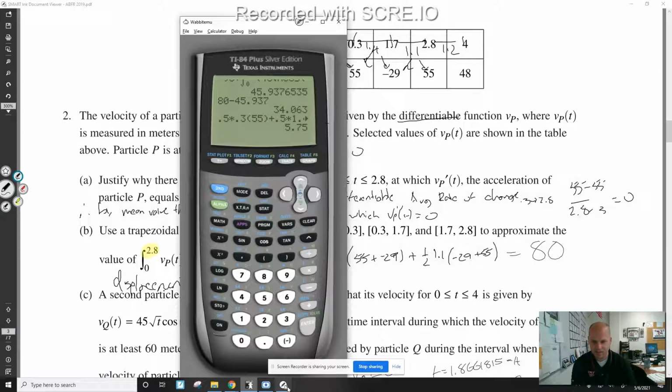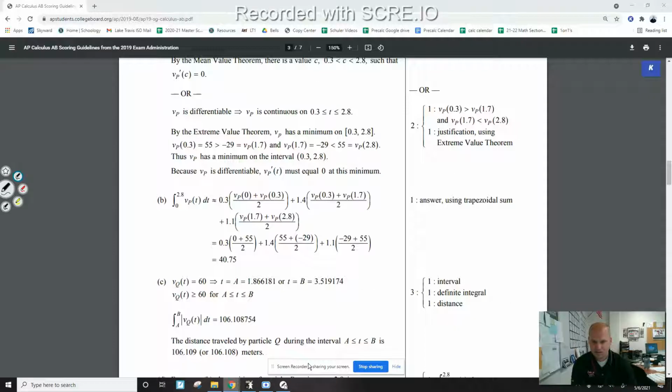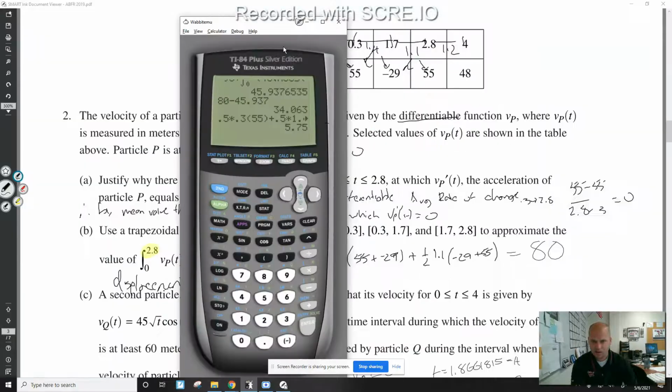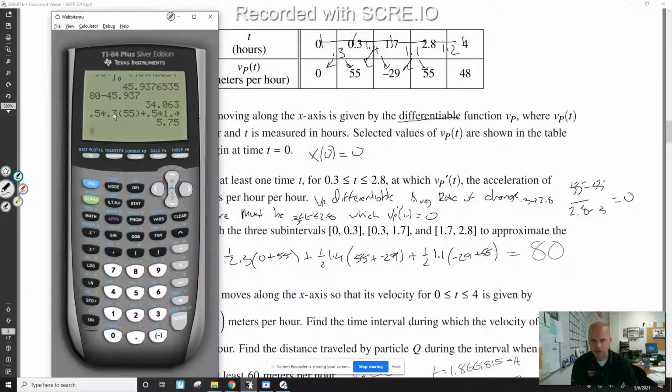That's not even right. Oh yeah, I was wondering why it does not show up the 55 when I click it twice.